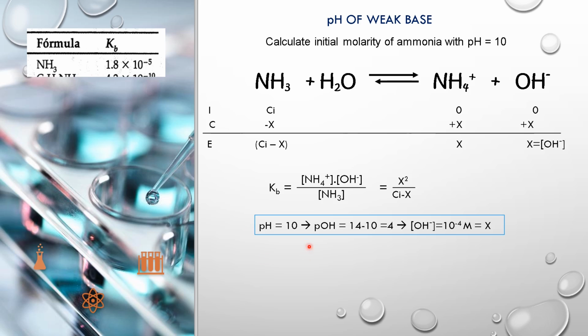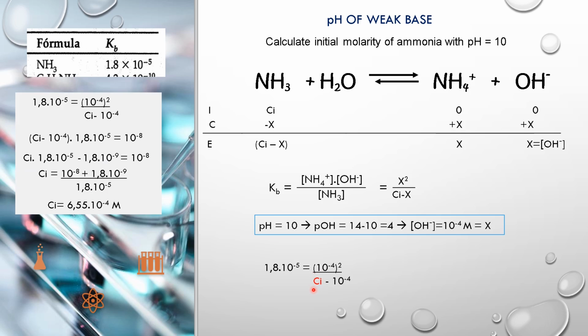I know that the pH is 10 because the problem told me. If the pH is 10, pOH will be 4. And with the value of pOH, I can do the antilogarithm and calculate X, which is this value here. So now we replace this value of X in the equilibrium constant, and the only unknown is the concentration. So here is how we solve this equation, and there it is, the initial concentration of ammonia.